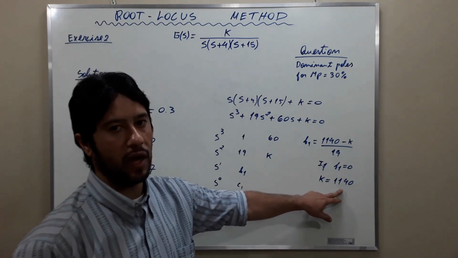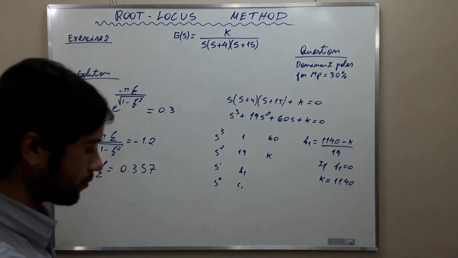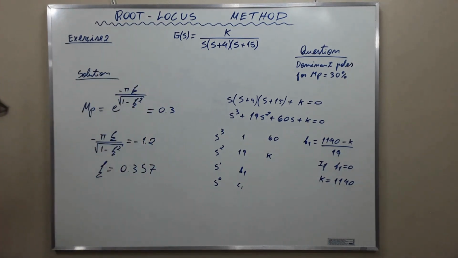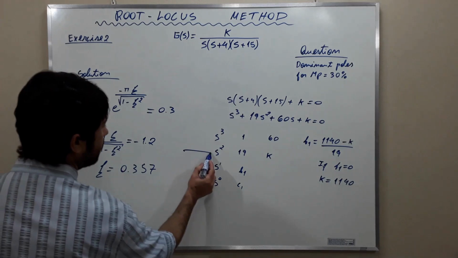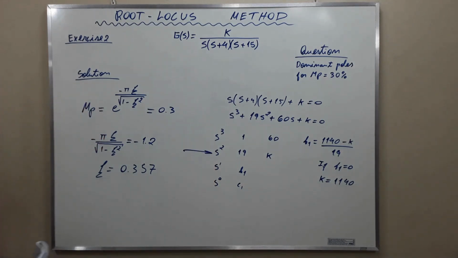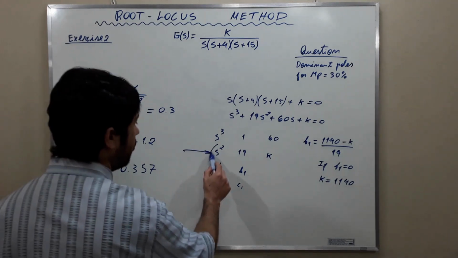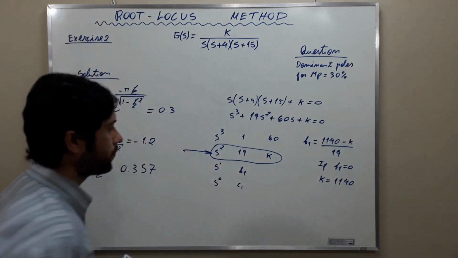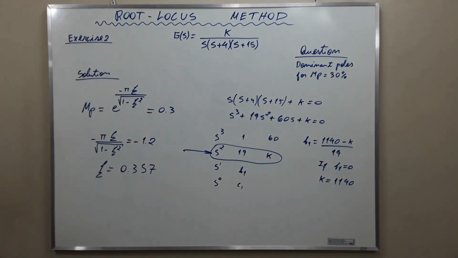K equal to 1140. All right? Why did we do this? We are going to use this row here to find what we want. Okay? The poles.